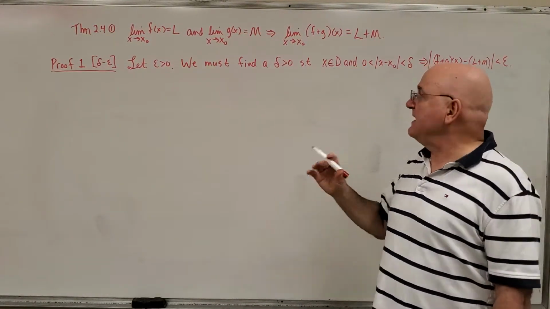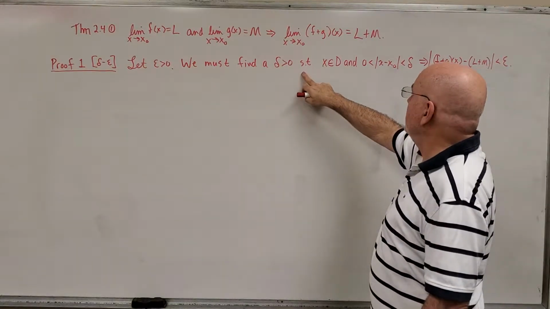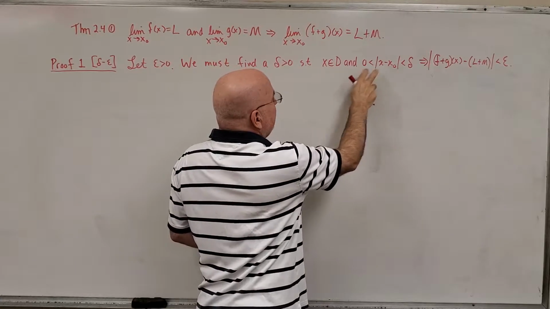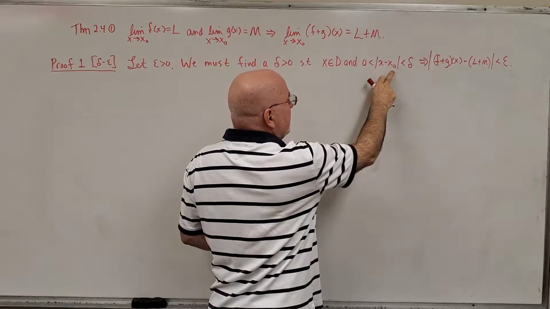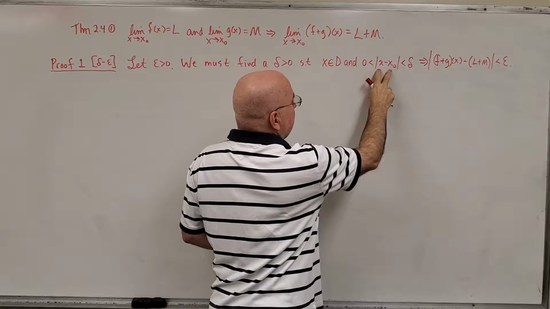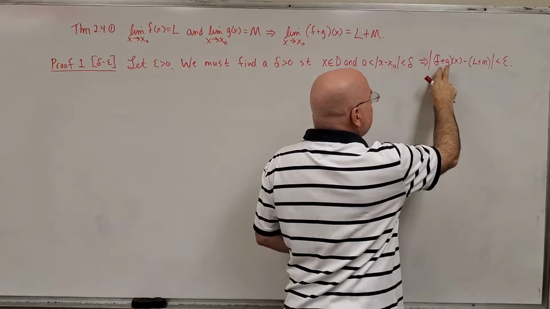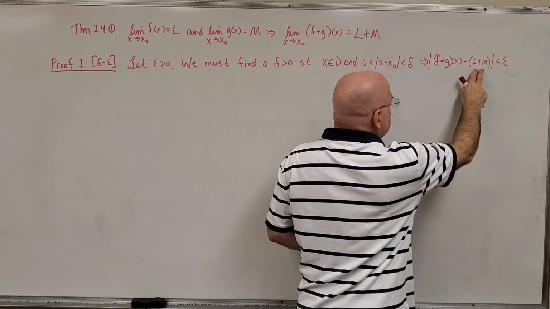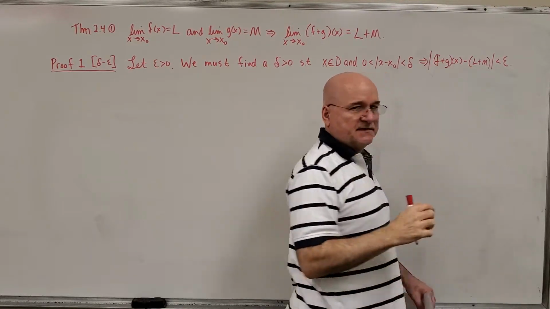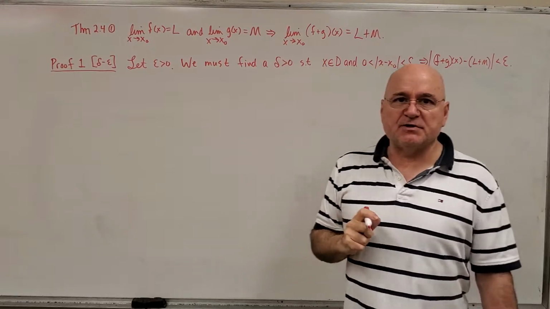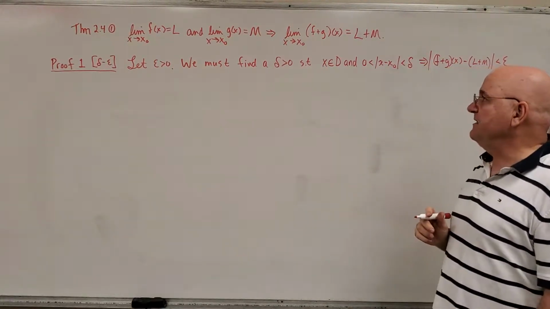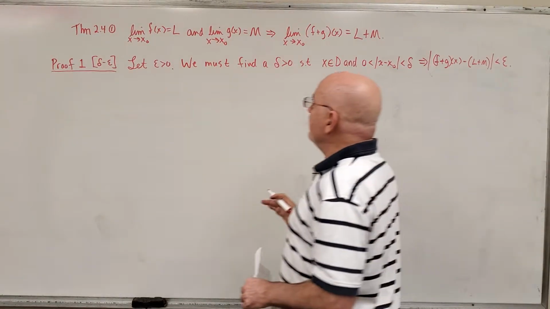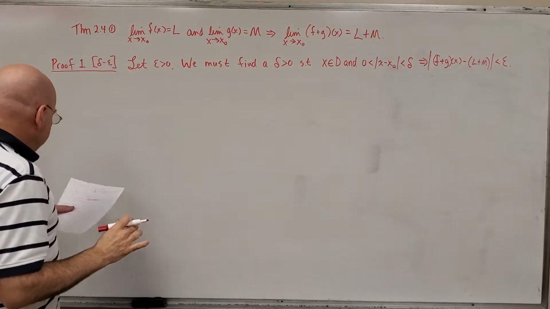I have to find a delta greater than 0 such that every time x is in the domain and very close to x naught, within a distance of delta of x naught, that implies that this new function f plus g of x minus its limit L plus M is less than epsilon. So that came right from the definition of what it means to be the limit of a function at a given point. Okay, well, let's write down now the things we know.